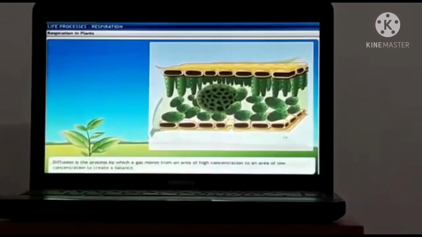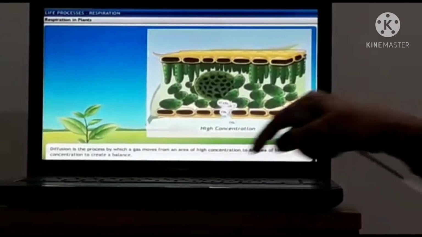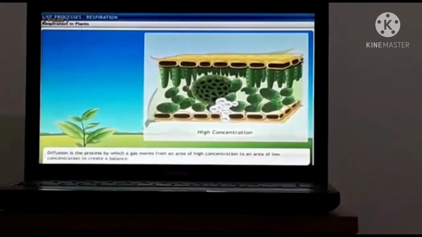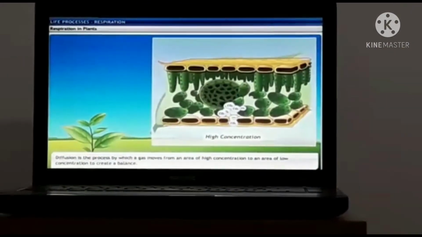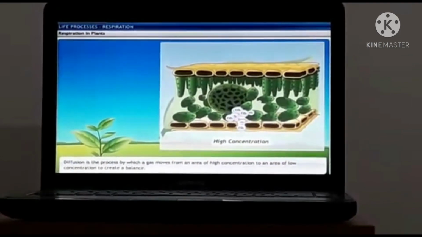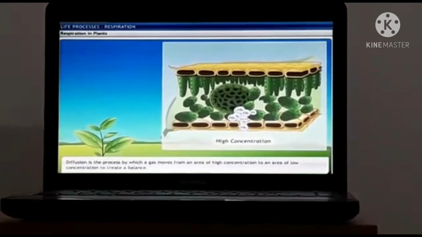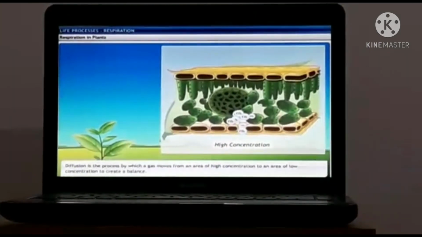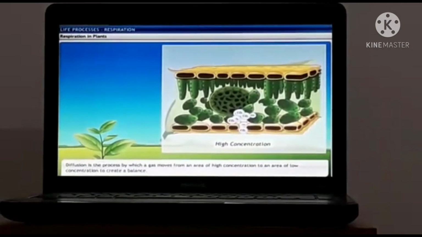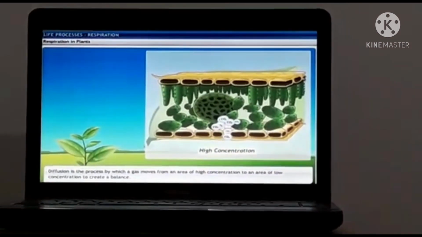Plants take in oxygen and give out carbon dioxide during respiration. And this exchange of gases takes place by diffusion. Diffusion means movement of molecules from higher concentration to lower concentration to create a balance.